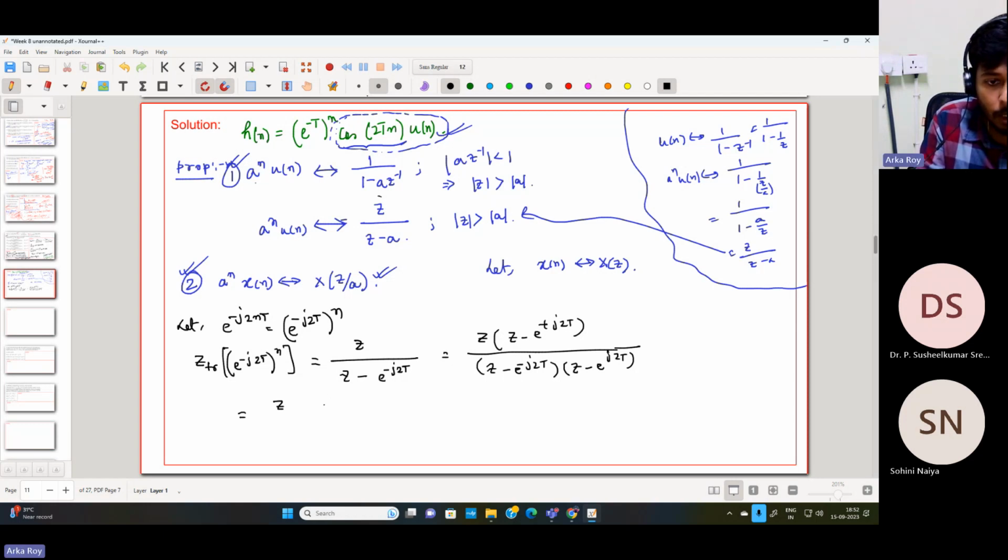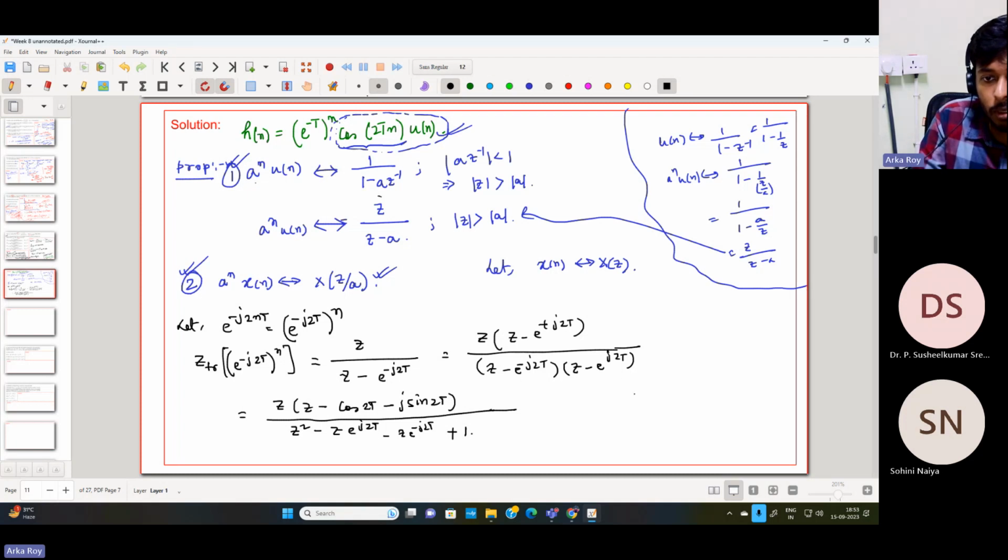If I multiply this, the numerator will give me cos 2t minus j sine 2t. Now if I multiply these two in the denominator, it would be z square minus z e to the power j2t minus z e to the power minus j2t, and then the multiplication of these two will effectively give you 1.